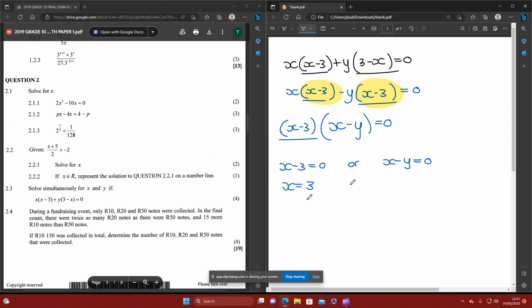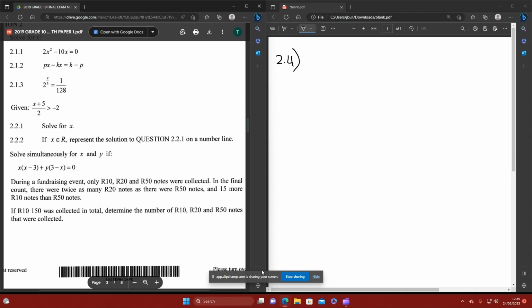So we've already solved for x there. And if the second bracket is 0, then x is equal to y. That is as much as we can solve for these two. So we've solved for x and we've solved for y, which is exactly what they asked. A little bit different to our usual simultaneous equation, but it's showing that if you get into this situation in the exam, just play around with it, see what you can do to it, and then hopefully you'll get an answer out of it like we did here.